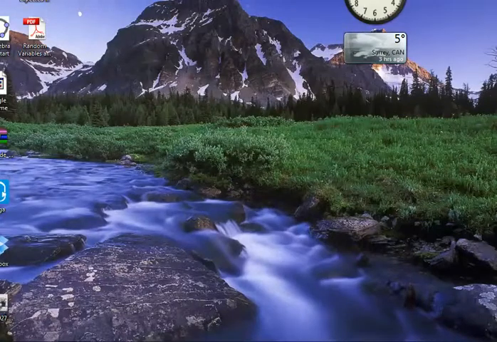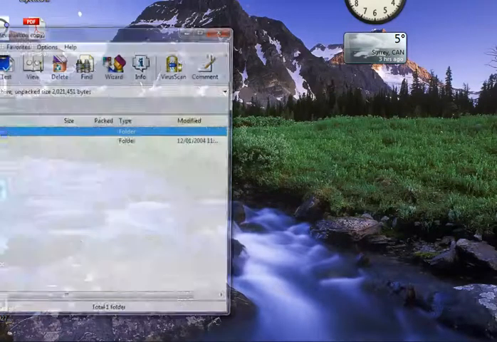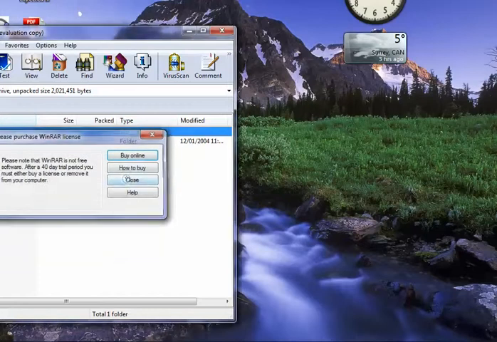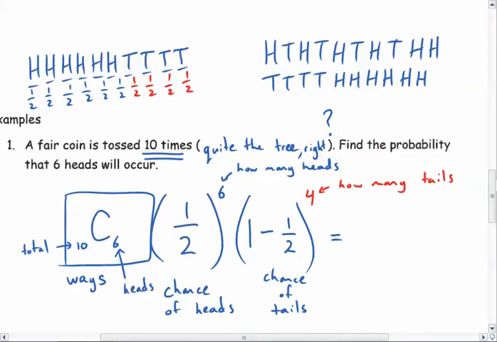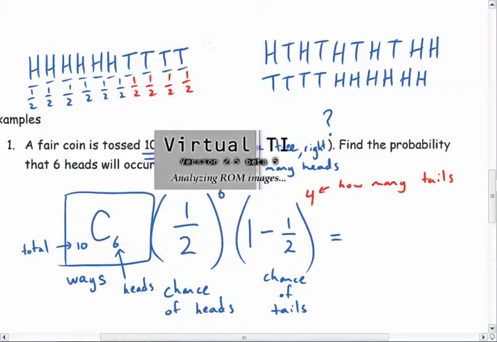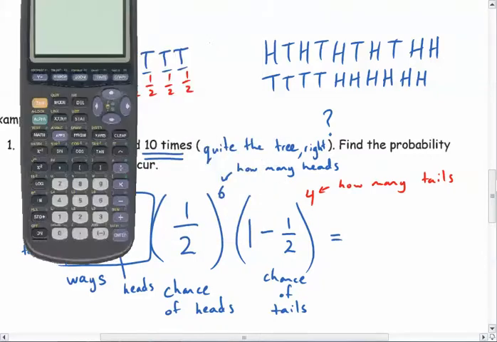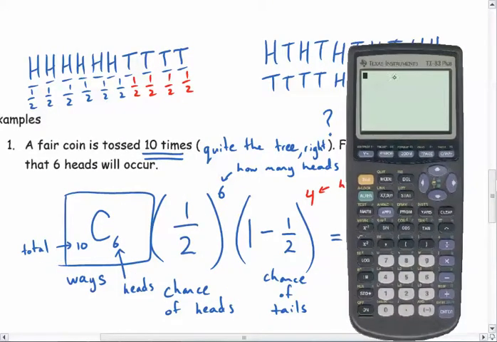Take out your TI-83s. It's in your math menu. Then press the left button to get probability, and number 3 is nCr.